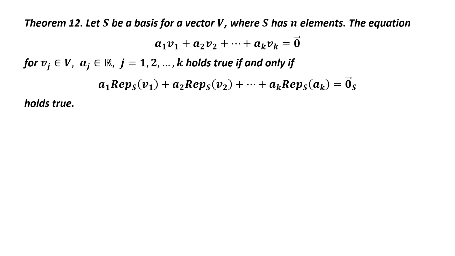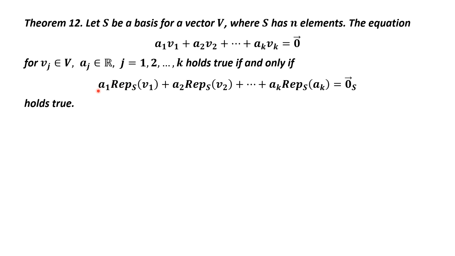Let S be a basis for a vector space V where S has n elements. Then the equation a1 v1 plus a2 v2 all the way up to ak vk equals 0, for k vectors in V and the coefficients being real numbers, holds true if and only if you take the same coefficients but now use the representations of these k vectors in terms of the basis S. These would be, in this case, column vectors.